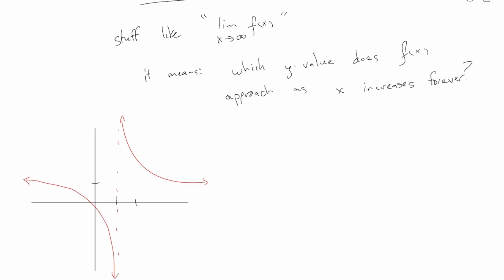On this picture, what is lim x approaches infinity of f of x, whatever that function is? What it means is I look at x values just way out to the right side. What happens as the x goes off to the right forever? Does the function approach a particular y value?